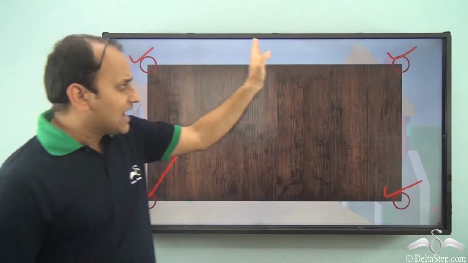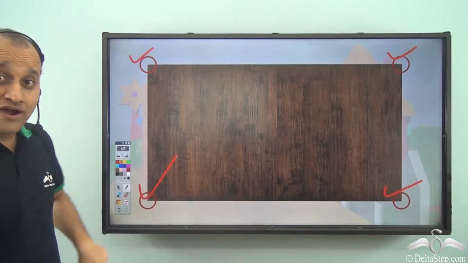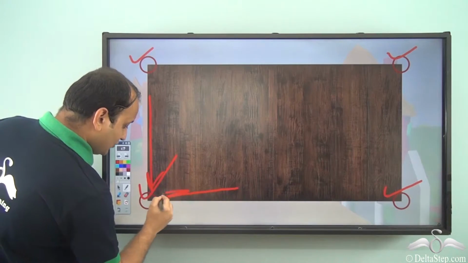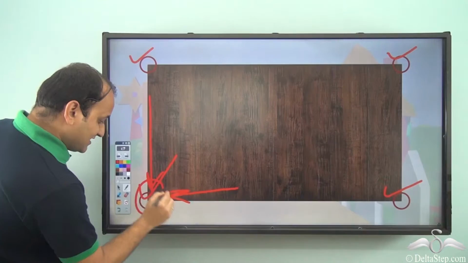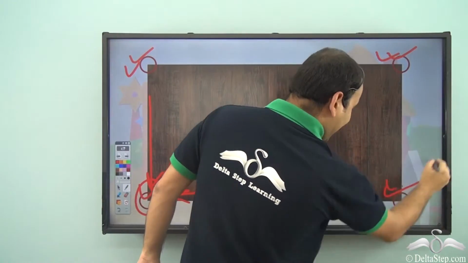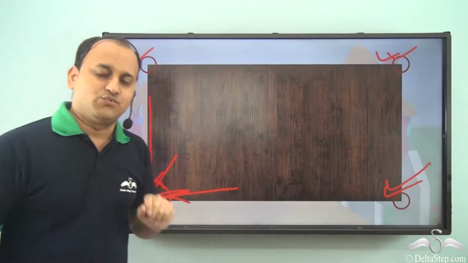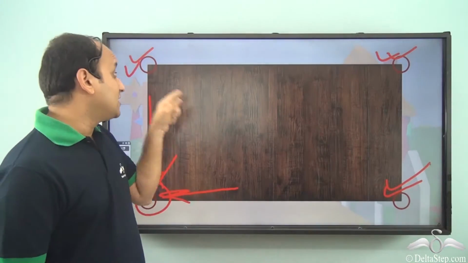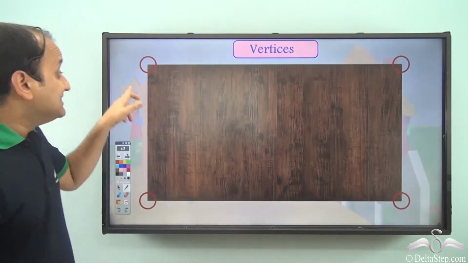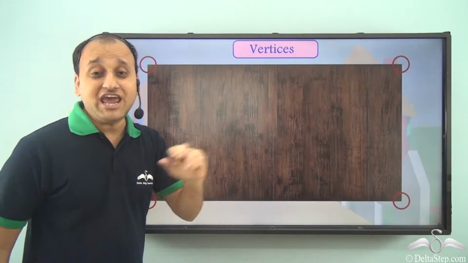So, what exactly are these corners? Well, these are the joining points of sides. So, 2 sides meet here at the corner. Similarly, this and this corner. So, what do we call these corners? Well, in case of shapes, we call them vertices. So, these are the 4 vertices of this shape.